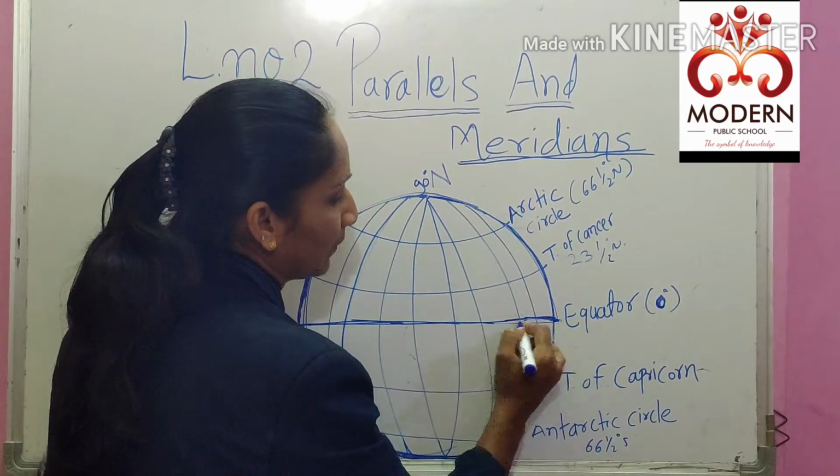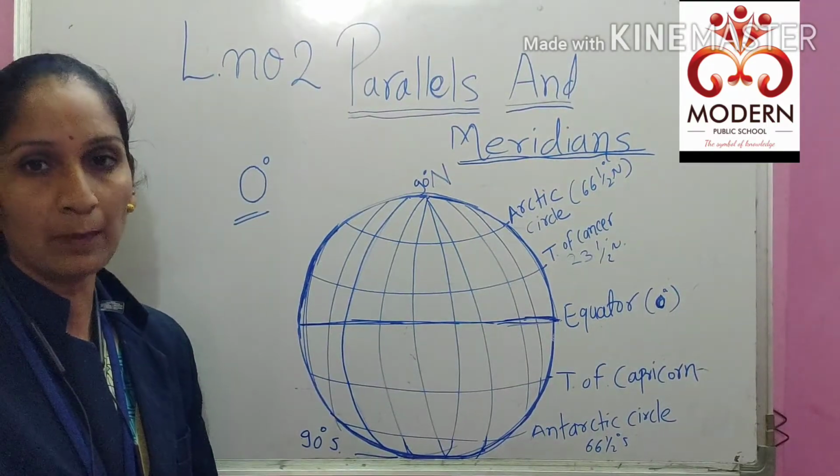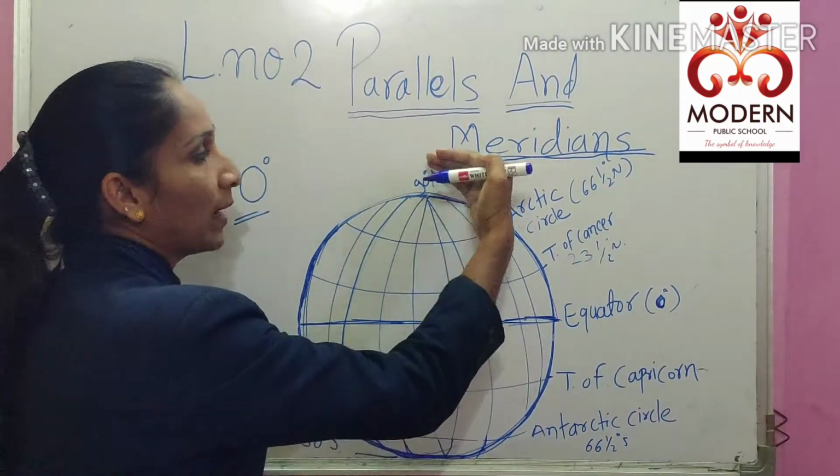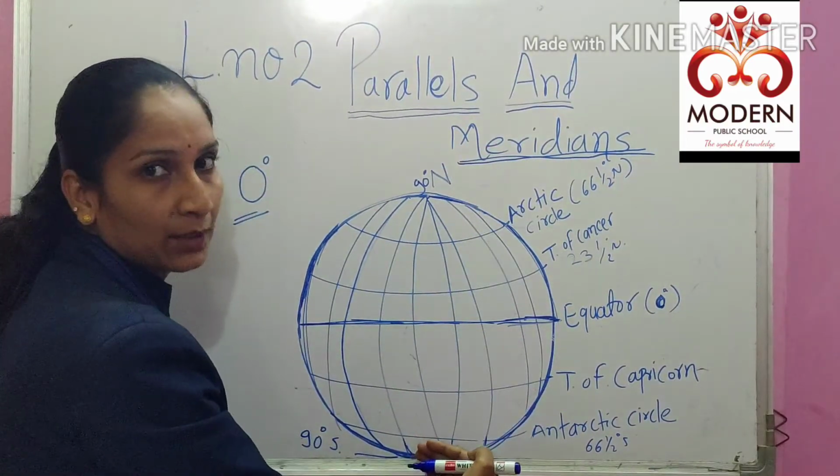The equator divides the earth into two equal parts: the upper part is the northern hemisphere and the lower part is the southern hemisphere.